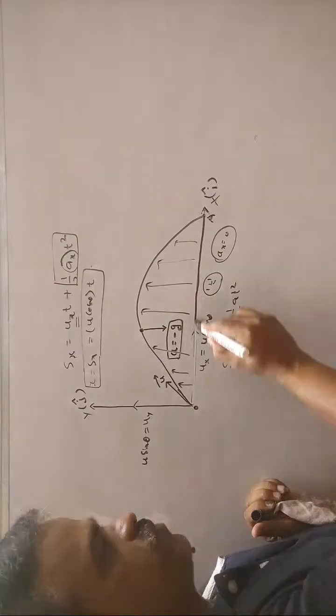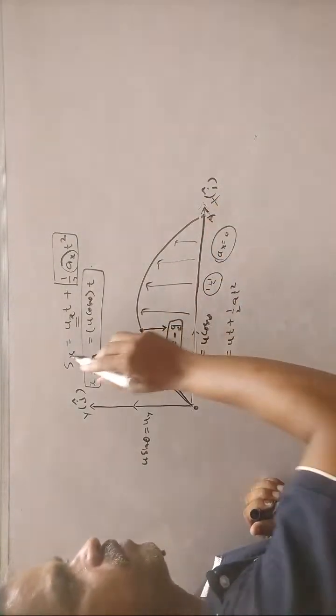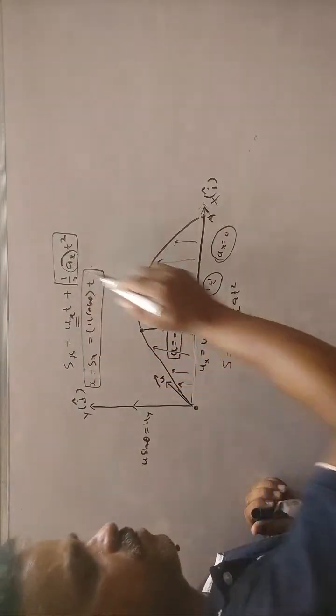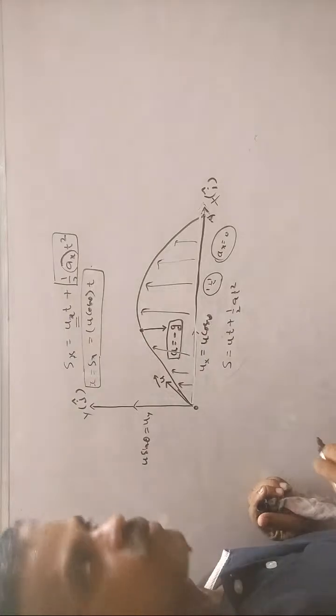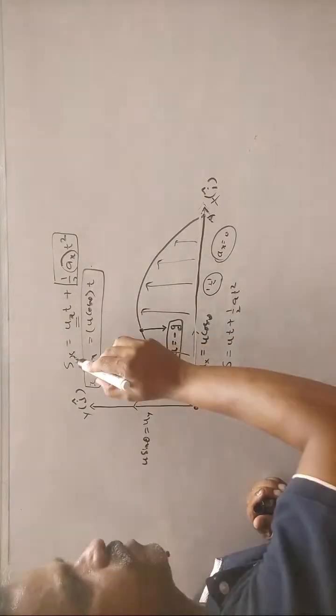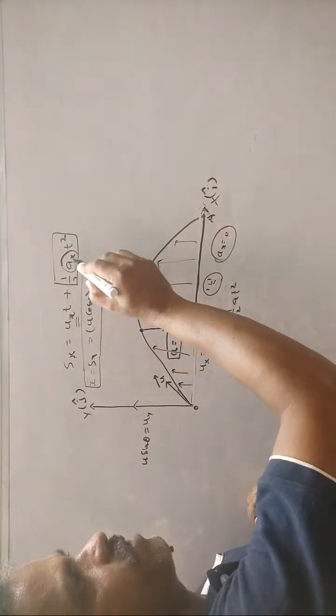This is the displacement on the x-axis. For that we have s equal to ut plus half at square, already we know the formula. So along the x-axis, that's why I kept the subscript, Sx equal to ux into t plus half ax into t square.